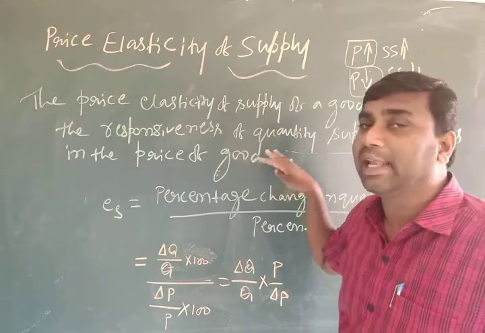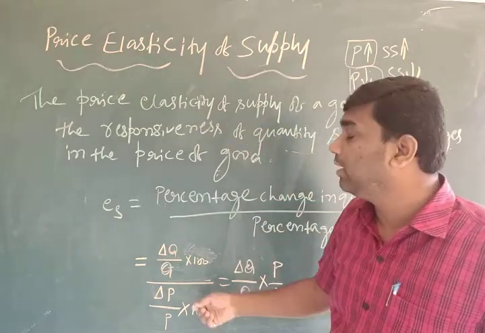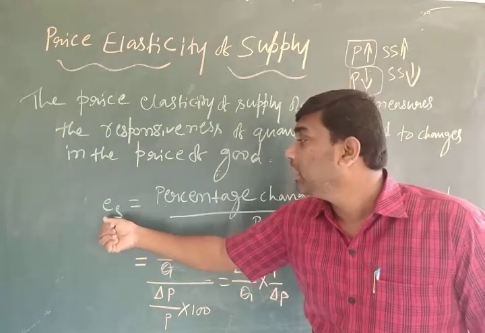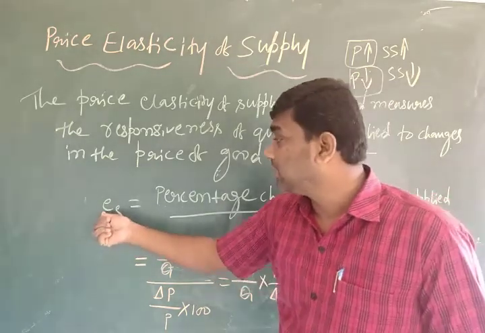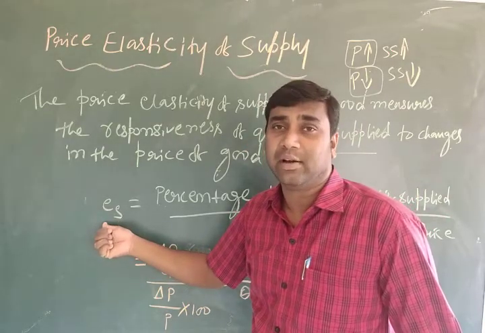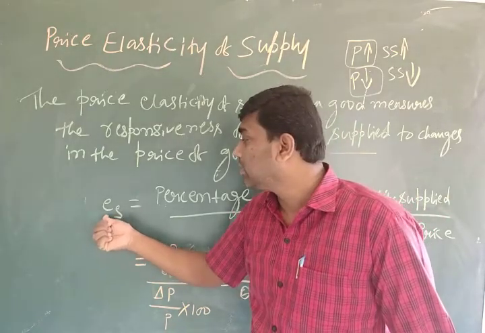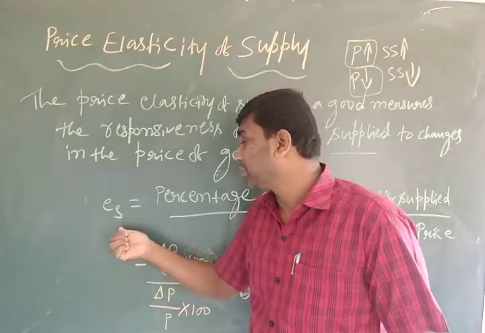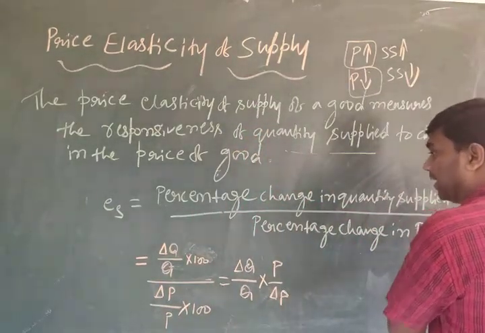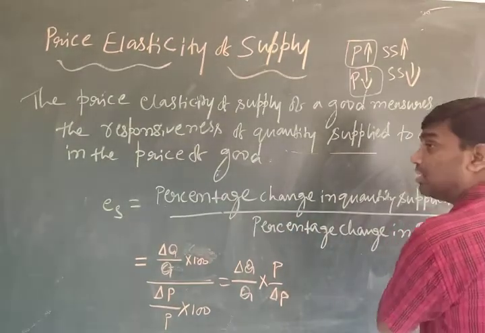The formula to calculate the price elasticity of supply: the price elasticity of supply is denoted by ES. ES means elasticity of supply. How can we identify it? That is percentage change in quantity supplied divided by percentage change in price.